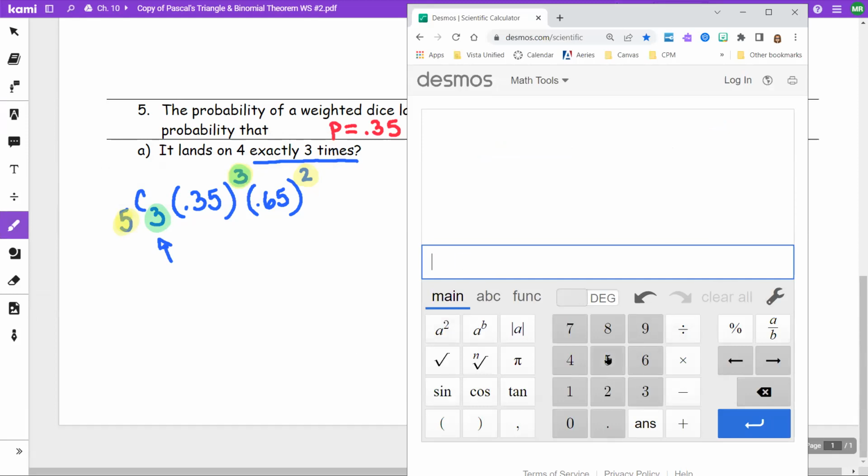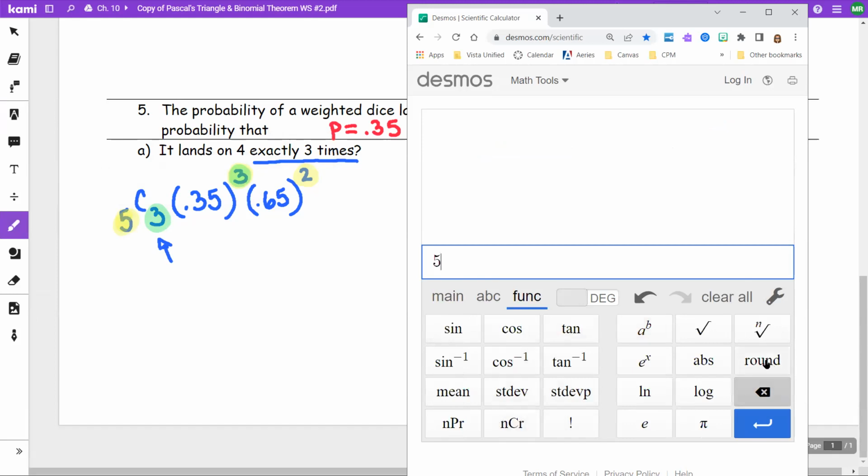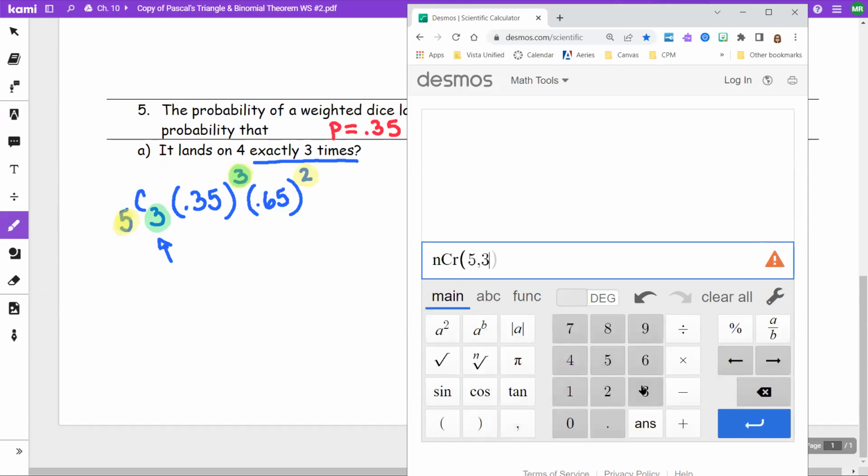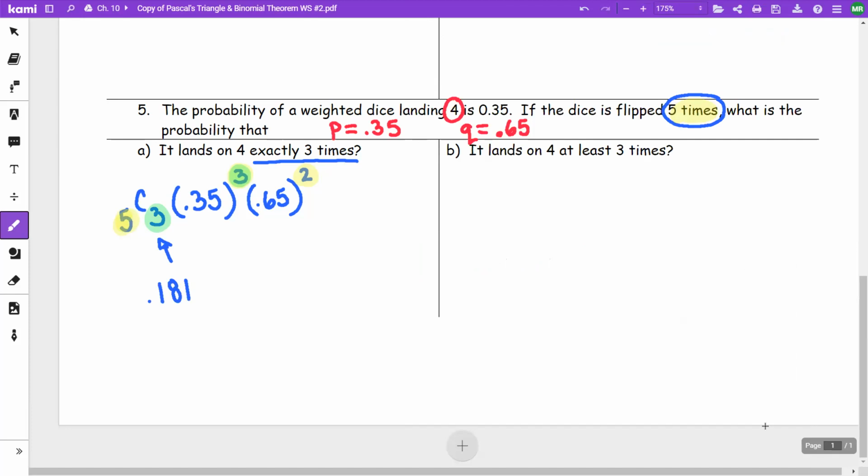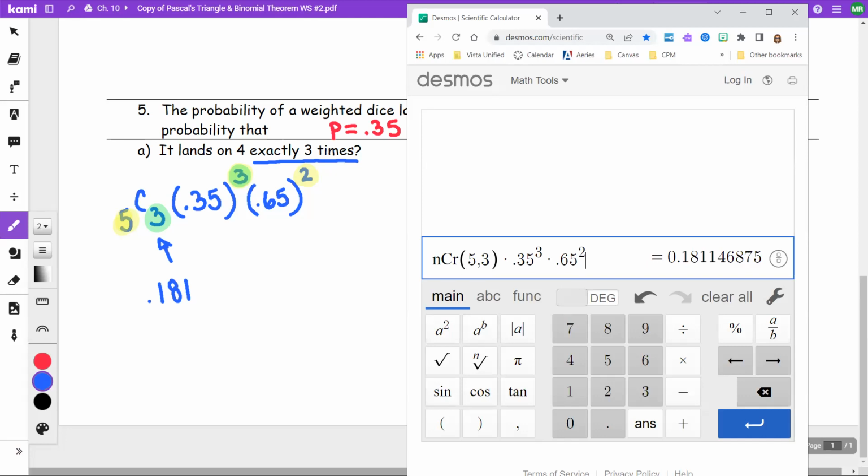I'm going to do 5 choose 3 times 0.35 to the third times 0.65 squared. And that ends up being 0.181, so 0.181.